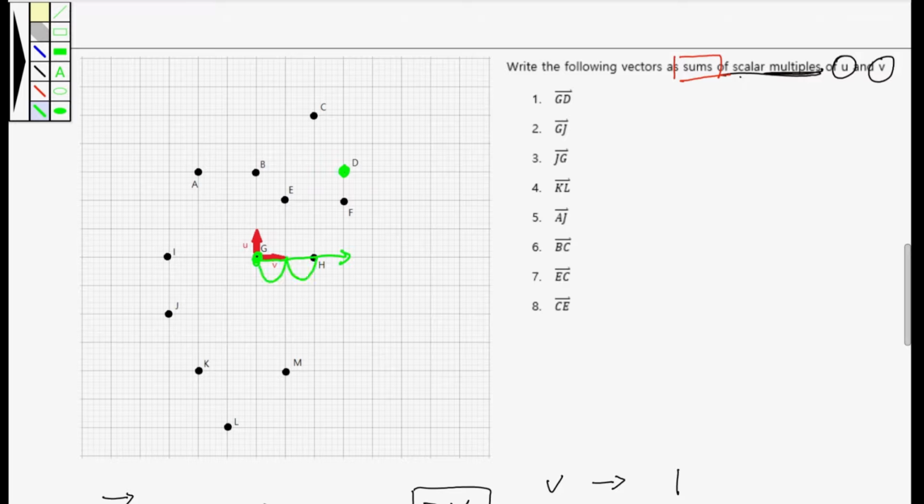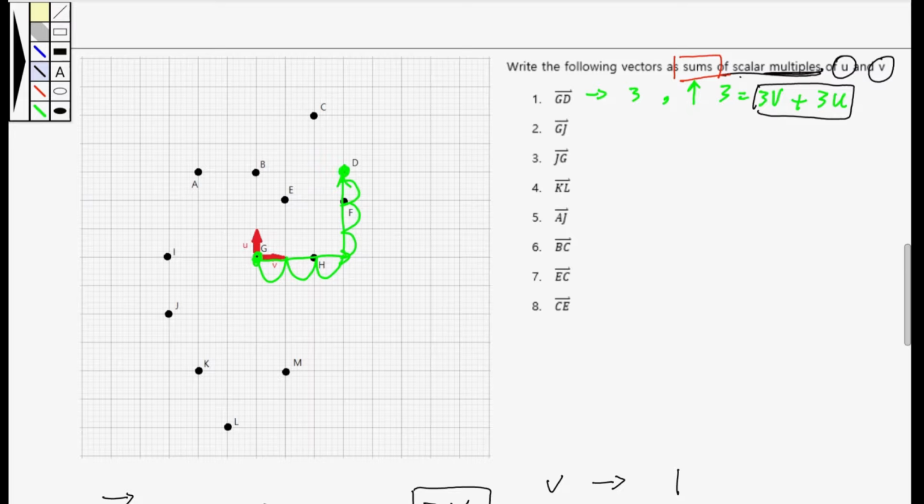Right direction and magnitude is 3, and go upward and 1, 2, 3. The direction is upward and magnitude is 3. So it means there is 3 vector v and 3 vector u, and that's it. That's what question 1 wants us to find out.